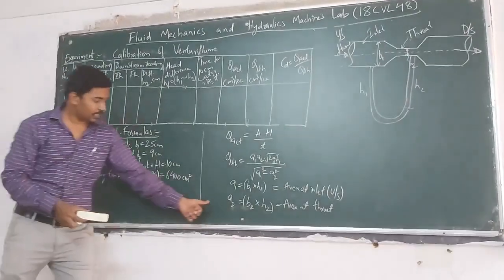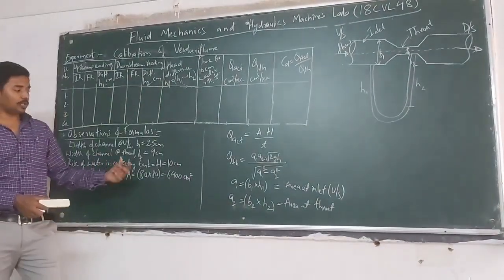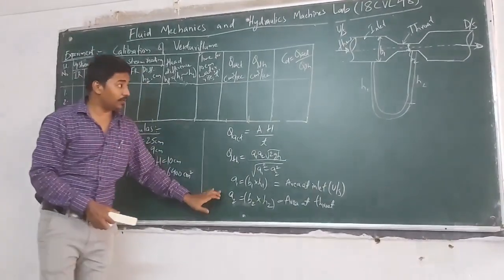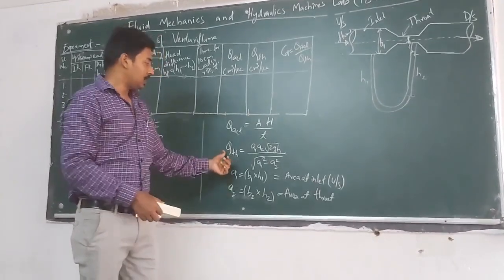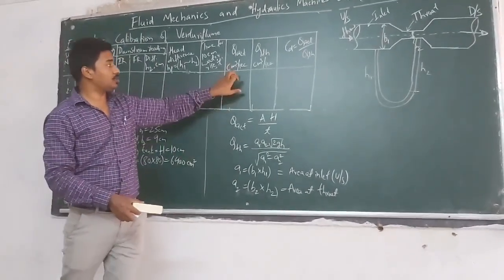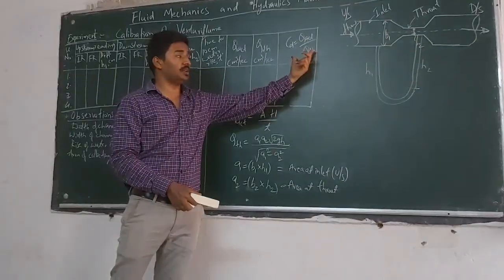Similarly, A2 is B2 into H2, where B2 is the width at the throat and H2 is the reading taken at the throat part. Using these two values we substitute in the theoretical equation, and after calculating the actual and theoretical discharge we calculate the coefficient as the ratio of the discharges.